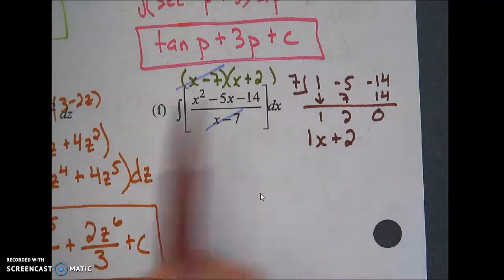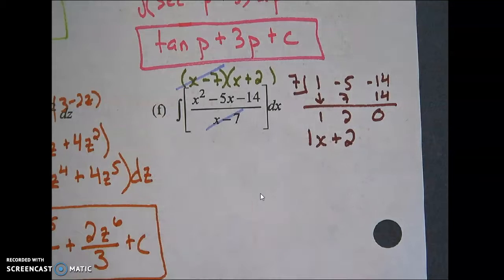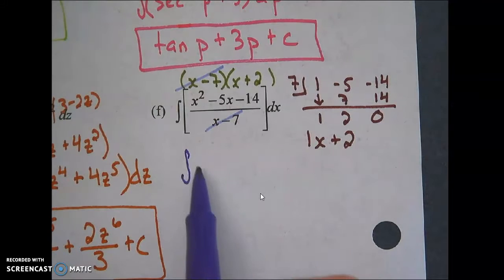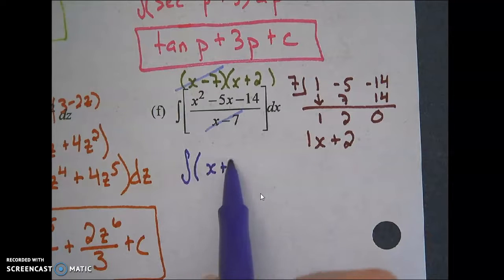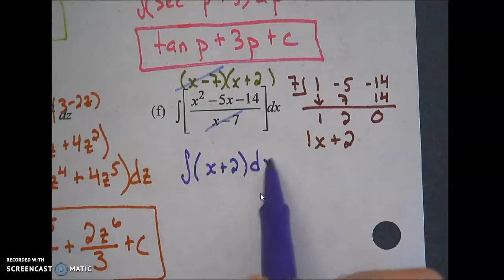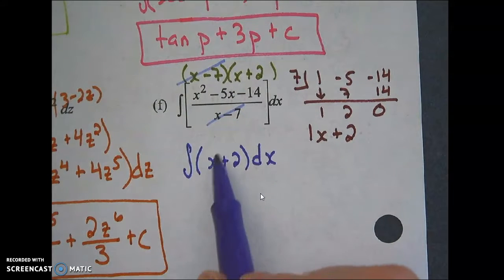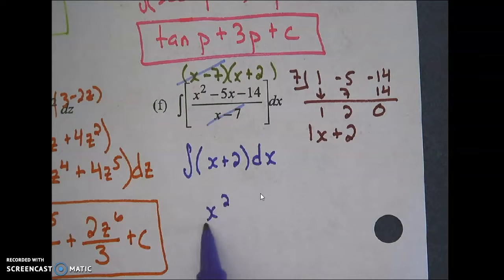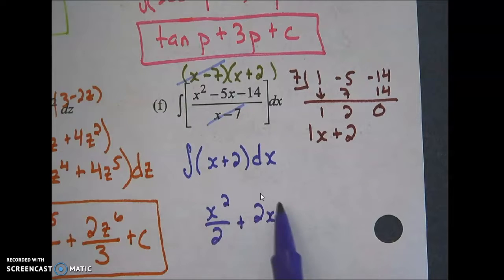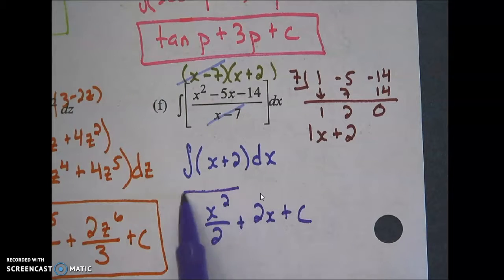But to be honest, they don't usually factor when it comes to the actual AP test. So now we want to integrate this bad boy, the integral of x plus 2. Super easy to integrate. I'll give you a second. All right, so I would add 1 and divide, so that's x squared divided by 2. I would add 1 and divide, and then don't forget your constant at the end.